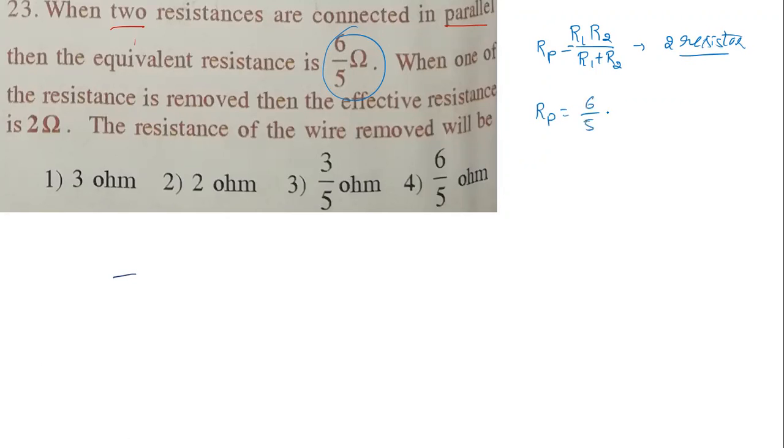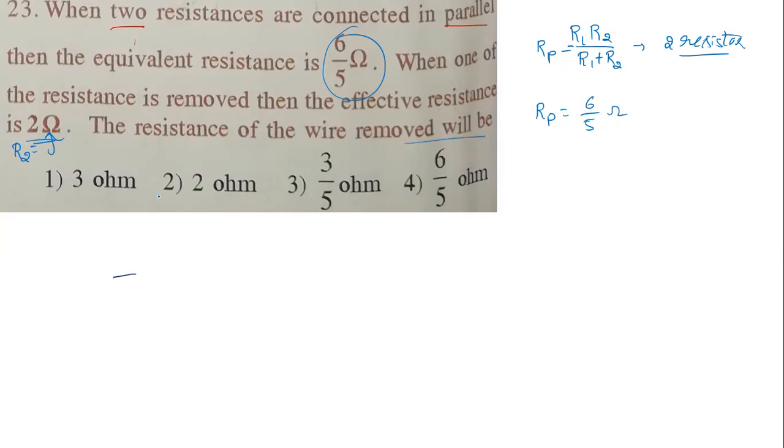When one resistance is removed, either R1 or R2, then the effective resistance becomes R2 ohm. If I remove the first resistor, the second resistor is left. So it is R2. Then what is the resistance of the wire you removed?